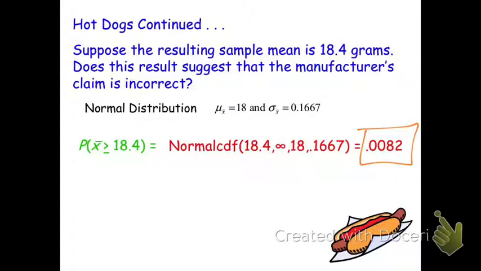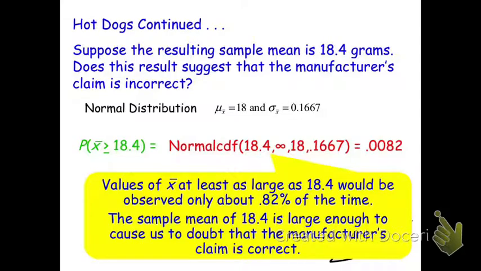What it's saying is this value is a probability: there's less than a 1% chance that I'm going to get 18.4 as a mean value of a hot dog.